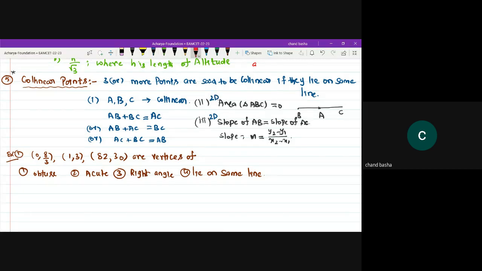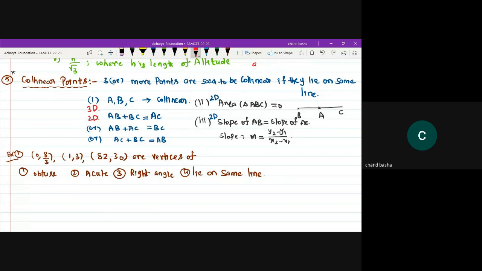In 3D geometry, the first point can be used, and even in 2D geometry the first point can be used. But the area of the triangle and slopes cannot be used in 3D geometry because the Z coordinate is also included; we cannot find the slope of a line segment in 3D. So the second and third points cannot be used in 3D.